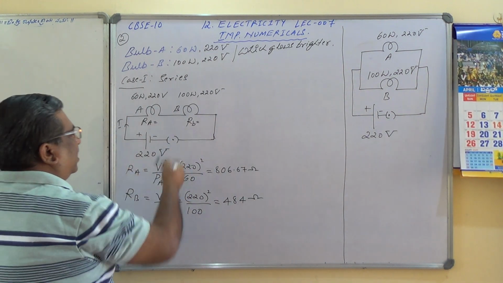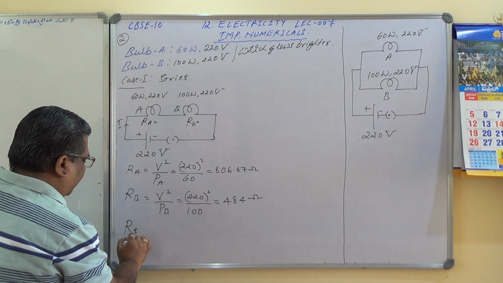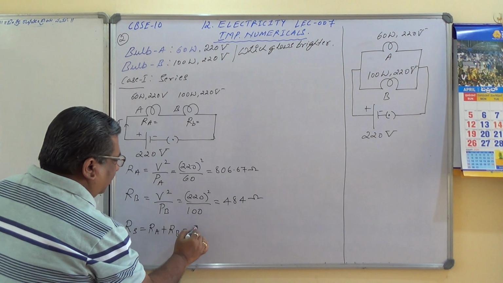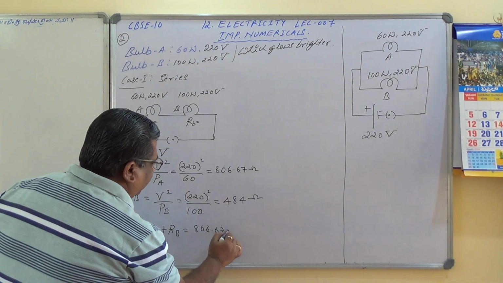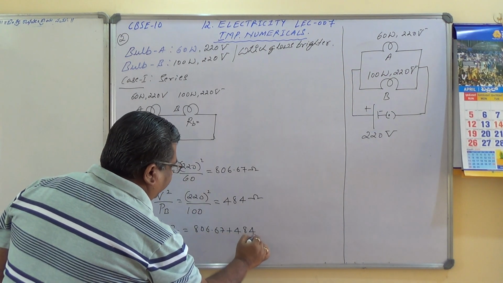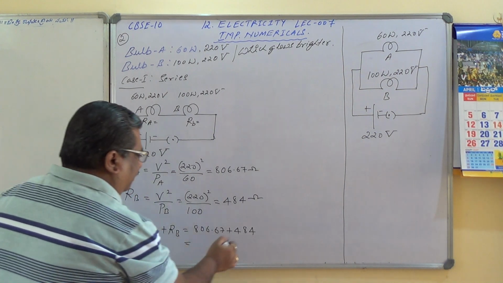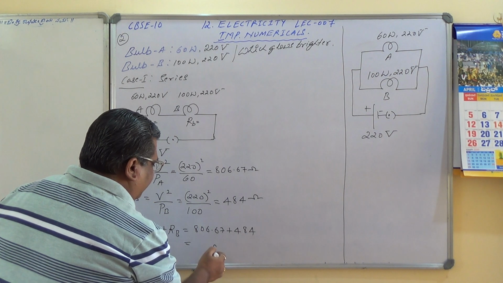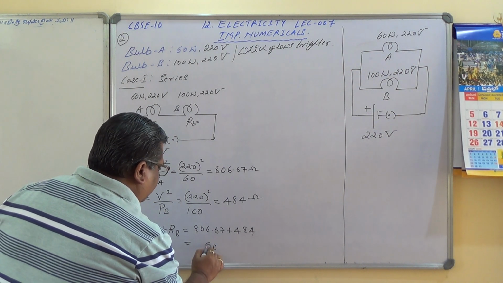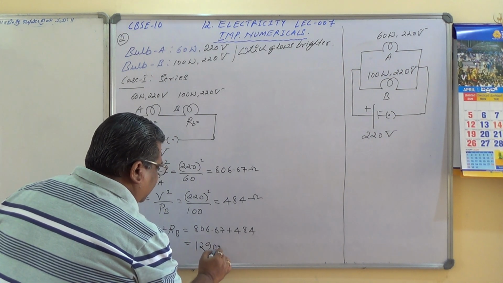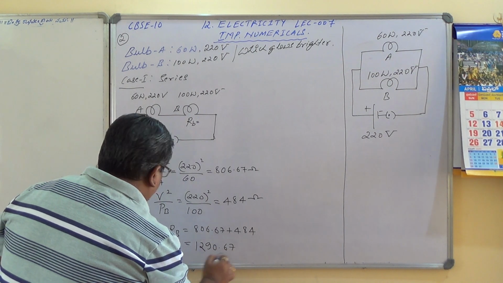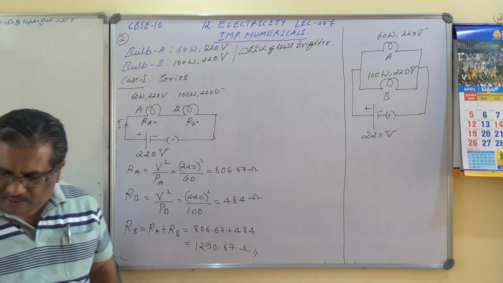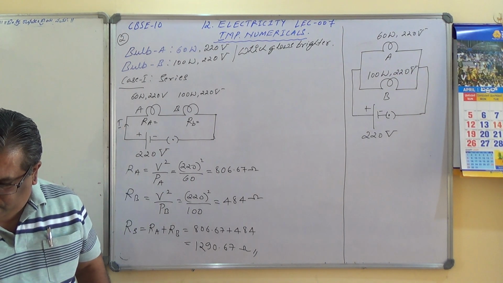Okay, so these two are connected in series, therefore RS equals RA plus RB, 806.67 plus 484, which equals 1290.67 ohms.